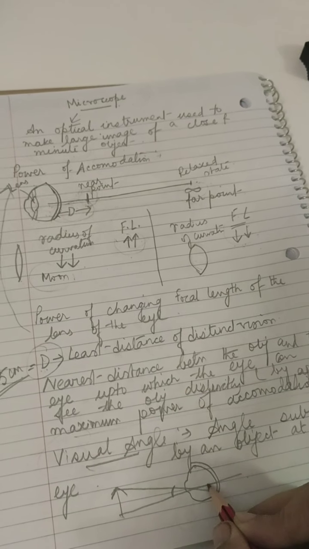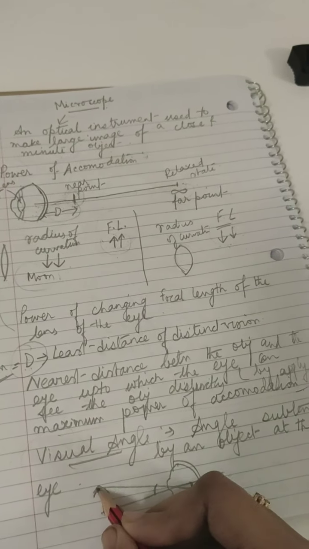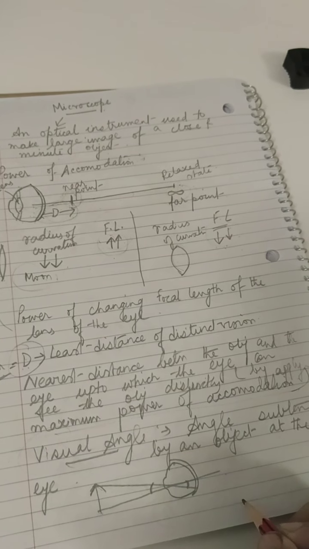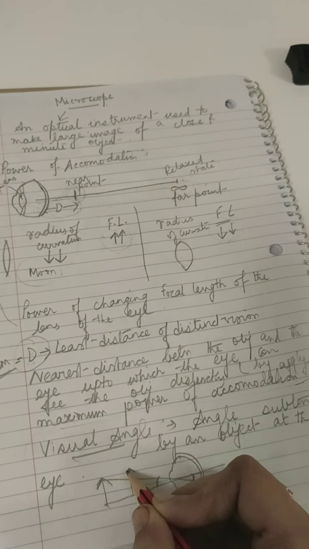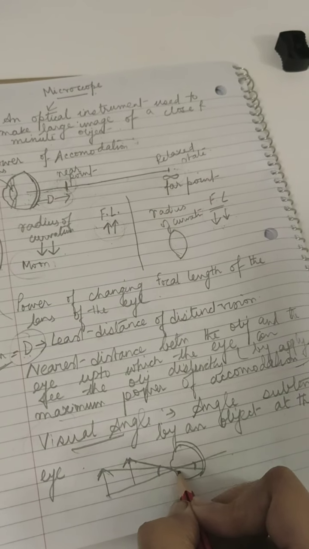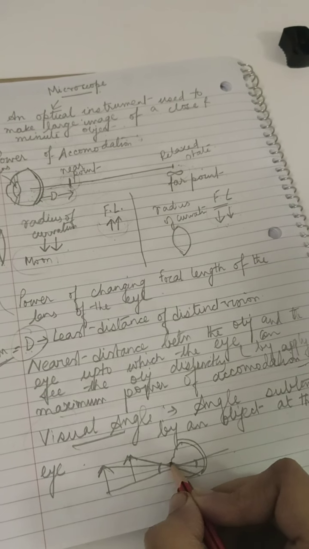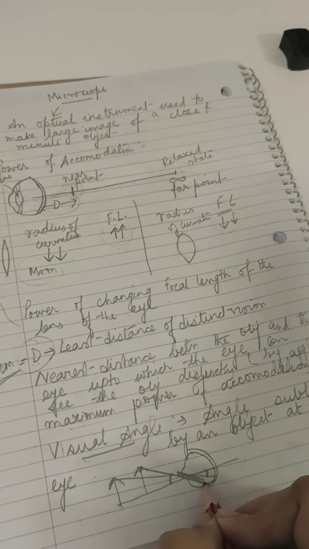Whatever visual angle an object subtends at the eye, depending on that we see the size of the object. Now the same object, if you bring closer to the eye, it will subtend a larger visual angle at the retina.